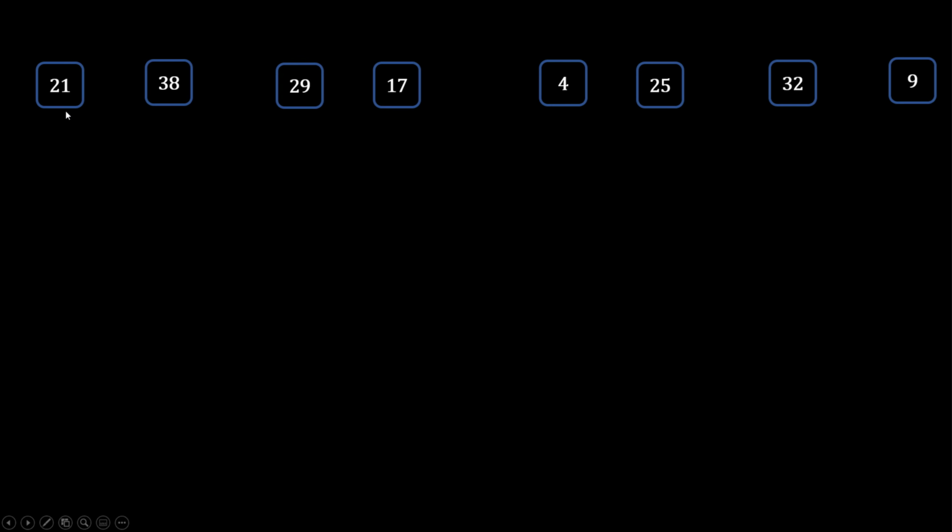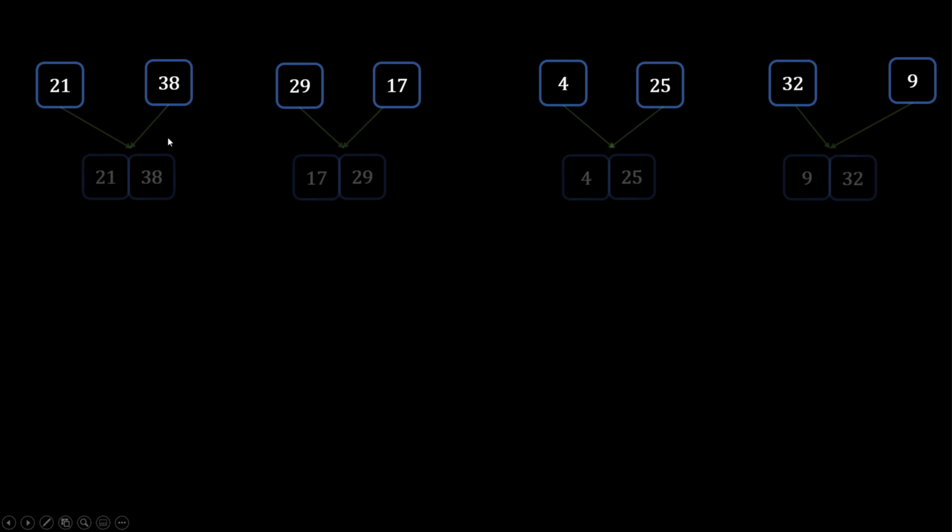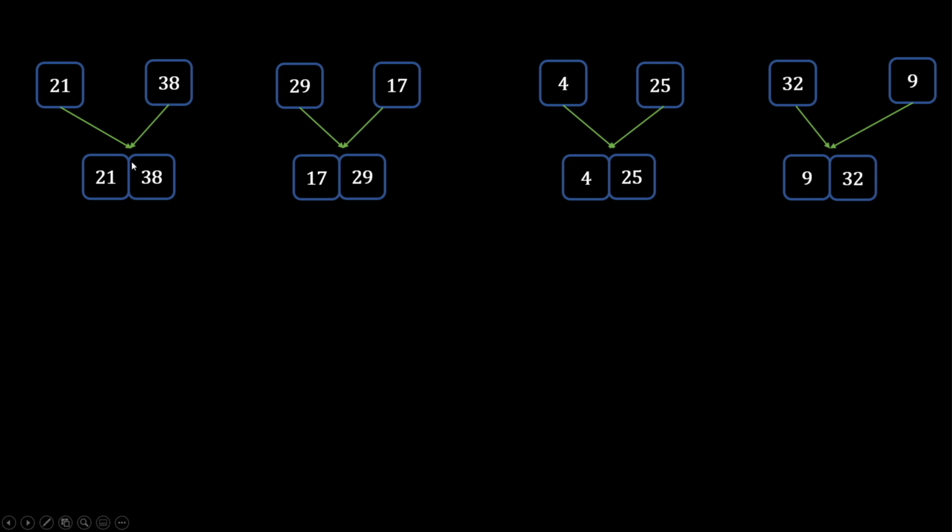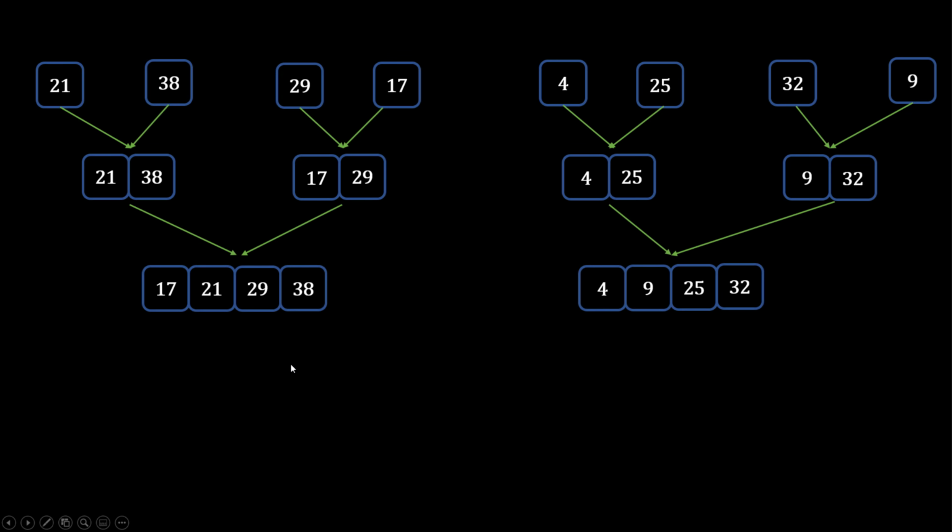Now we go back, take 21 and 38 and try to merge them. Well, we can merge them using the techniques that we learned initially. Same thing with 7 and 29, it looks like this, 4 and 25 looks like this, 9 and 32 looks like this. Then you go to the next step. So see, now when you merge these two arrays, 21, 38 and 17, 29, these two are already sorted.